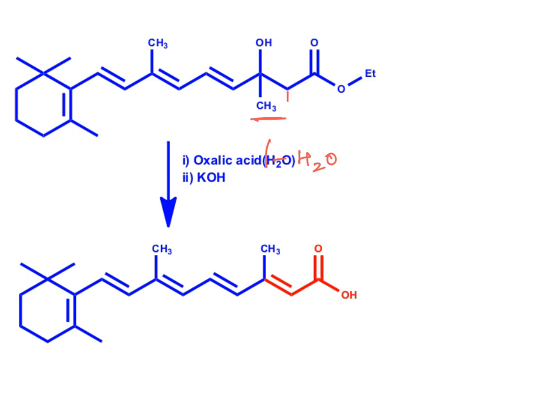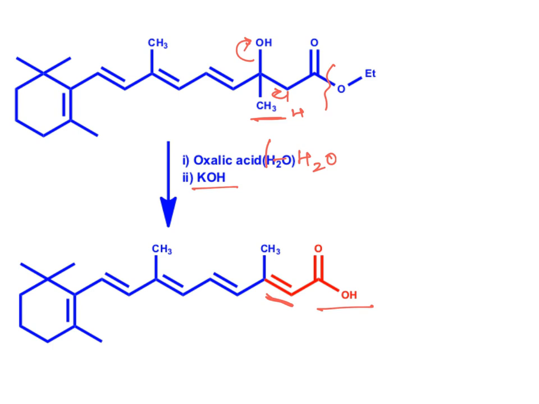This undergoes a dehydration reaction, removal of a water molecule, which forms a double bond here. The second step is the reaction with KOH, where the ester undergoes hydrolysis and is converted into a carboxylic acid.